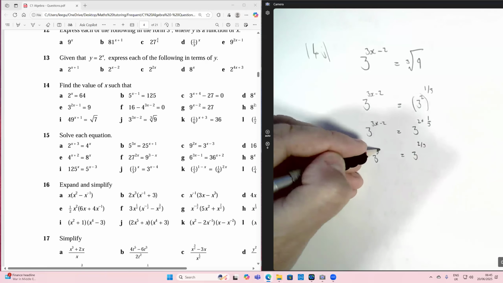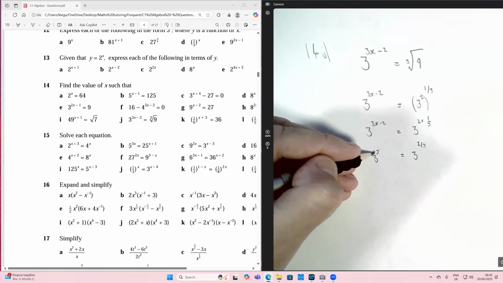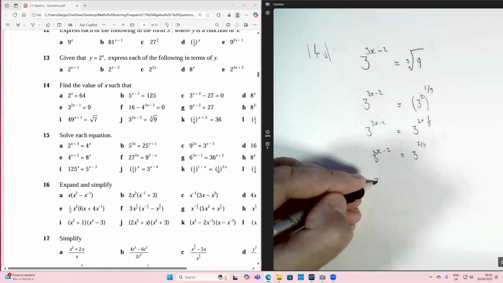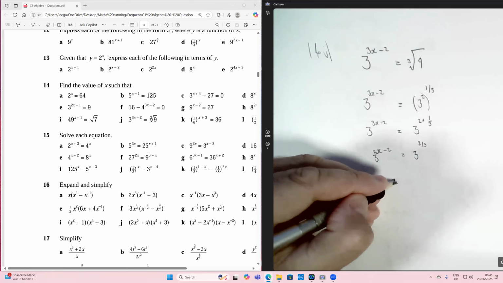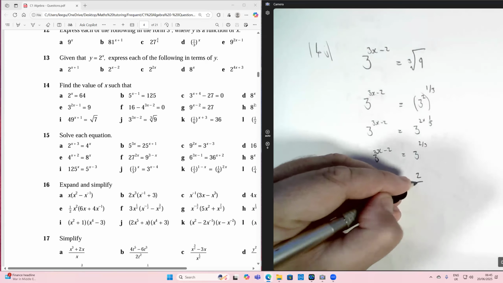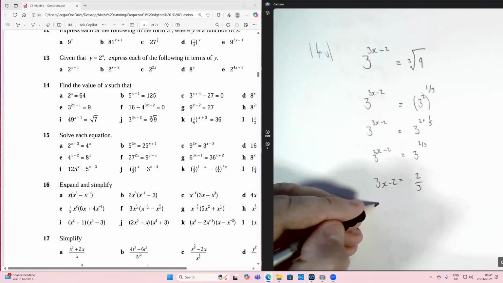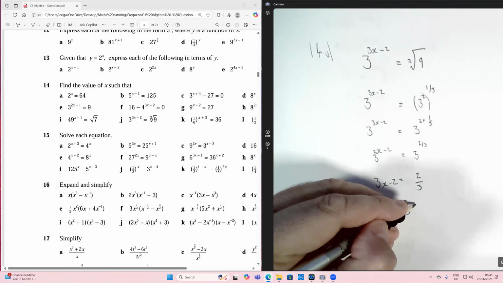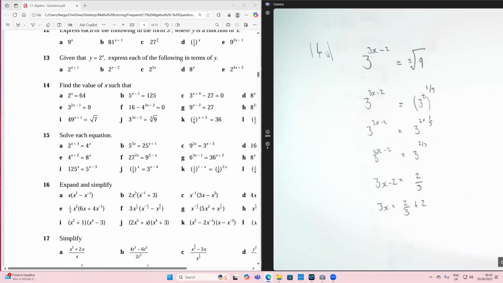So we have 3 to the power of 3x minus 2 is equal to 3 to the power of 2/3. So now we can directly compare the indices. So 3x minus 2 is equal to 2/3. And then we can say that 3x is equal to 2/3 plus 2. So we can work that out now.